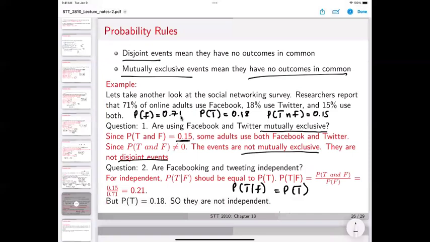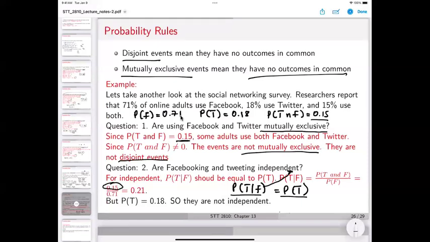So if we want to verify independence, we want to verify that this is equal to this. Luckily for us, we know that P of T is 0.18. So let us verify this one. We know this formula is given as this one here. So probability of T given F is probability of T and F divided by probability of F. Probability of T and F is 0.15, which is here.